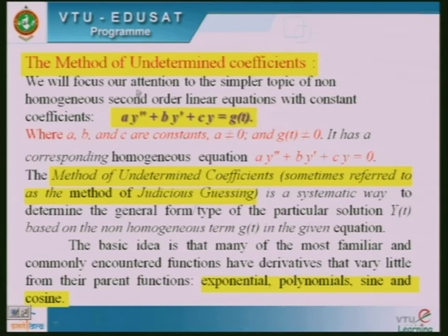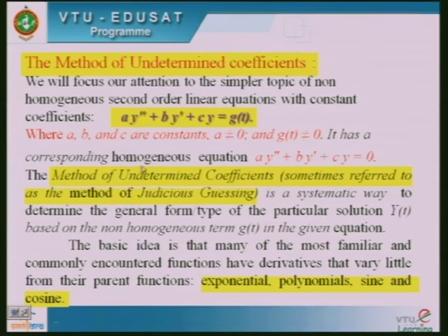We will focus our attention on the simpler topic of the non-homogeneous second order linear equation with constant coefficients, namely a into y double prime plus b into y single prime plus c into y is equal to g of t, where a, b, c are constants, a is not equal to 0, and the right hand side member g of t is not equal to 0.